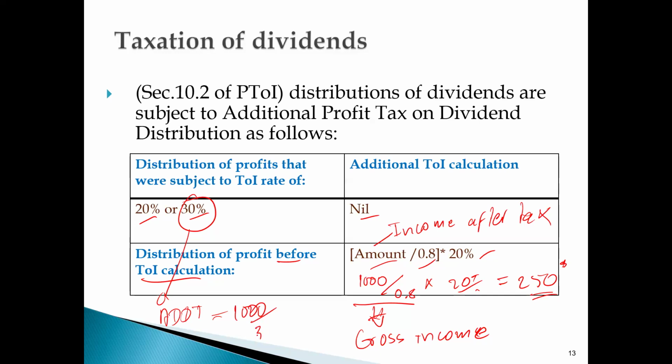Because it's 30%, and then multiply by 30%. Then you will get, how much is it?